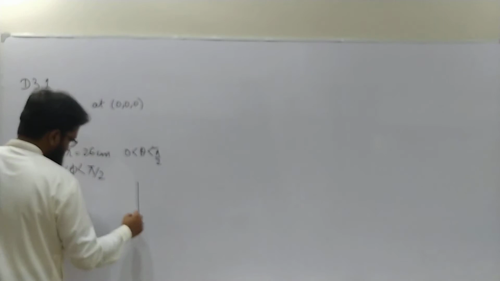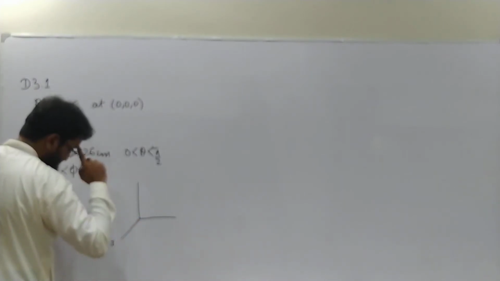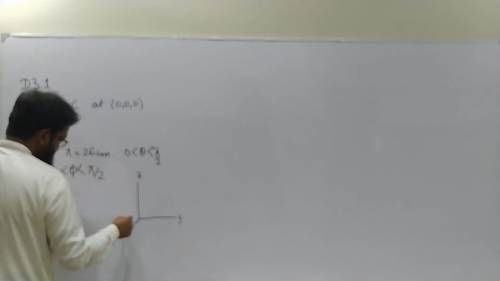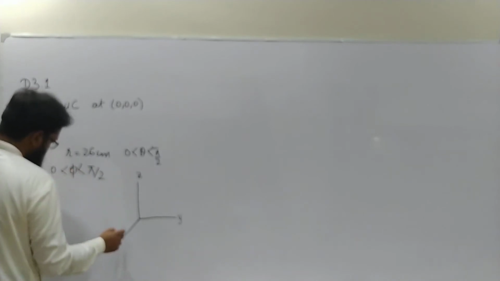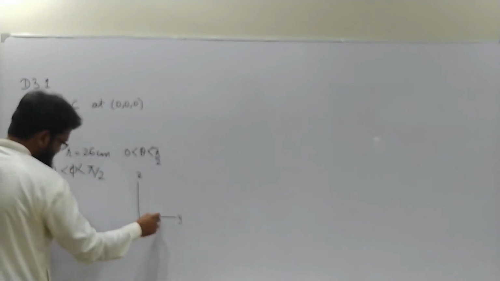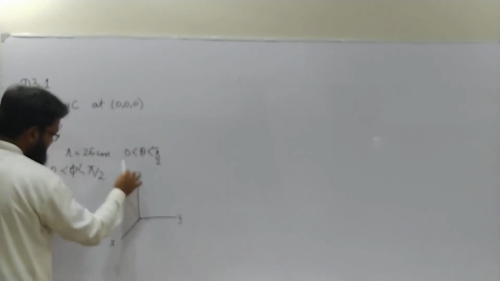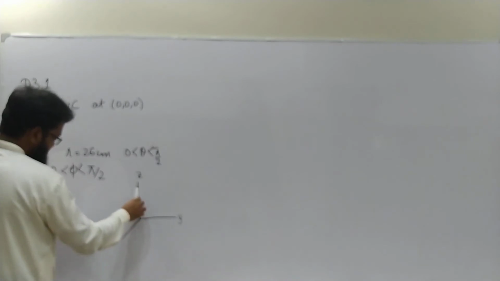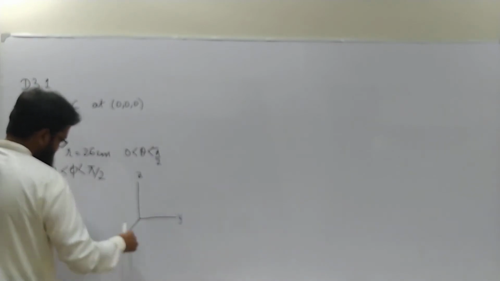Okay, so this is the first octant, meaning x positive, y positive, z positive, because phi is from 0 to pi by 2, meaning from x-axis to y-axis, and theta, which is measured from the z-axis, from 0 to pi by 2, means from positive z-axis to the xy plane.